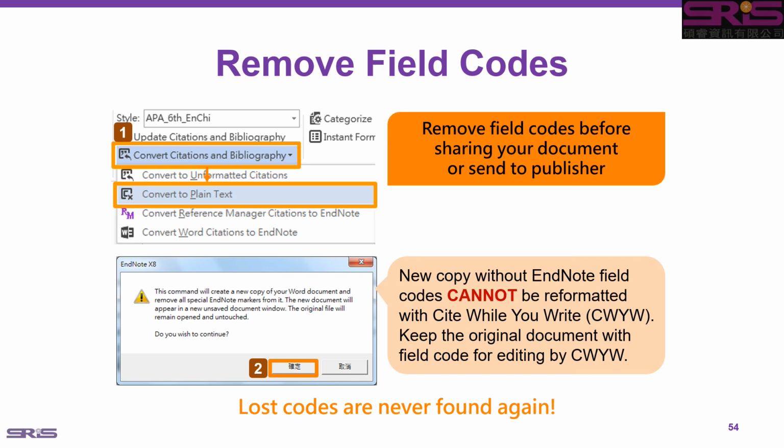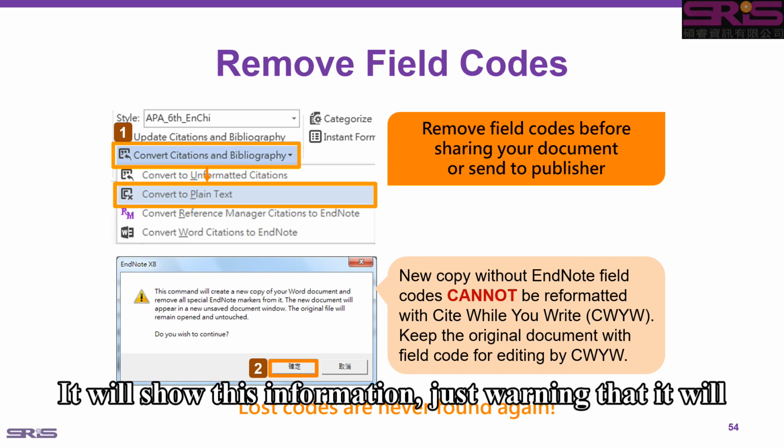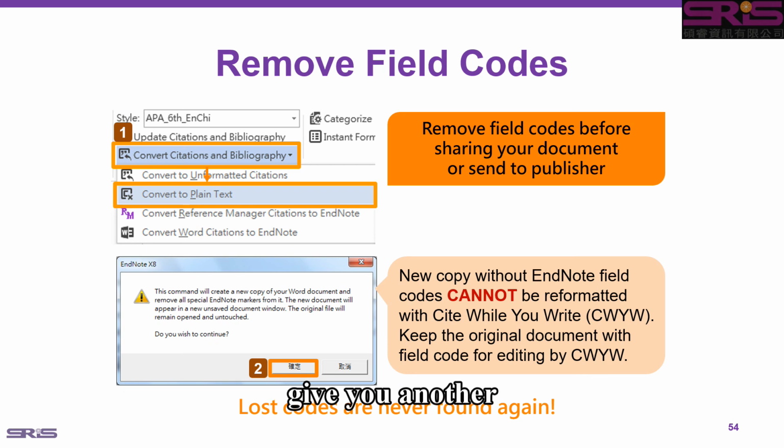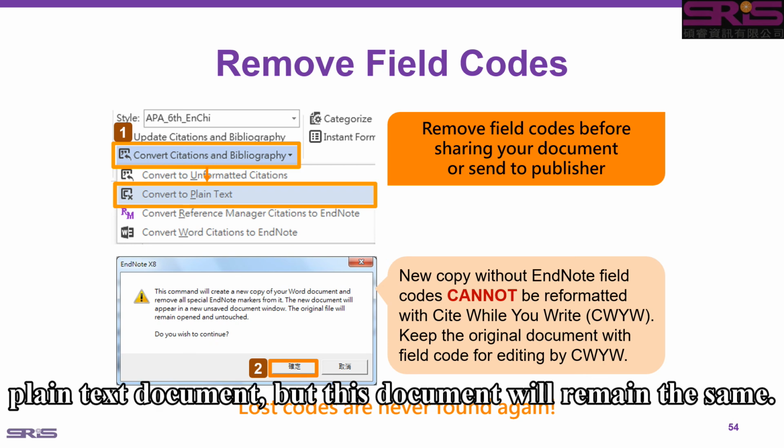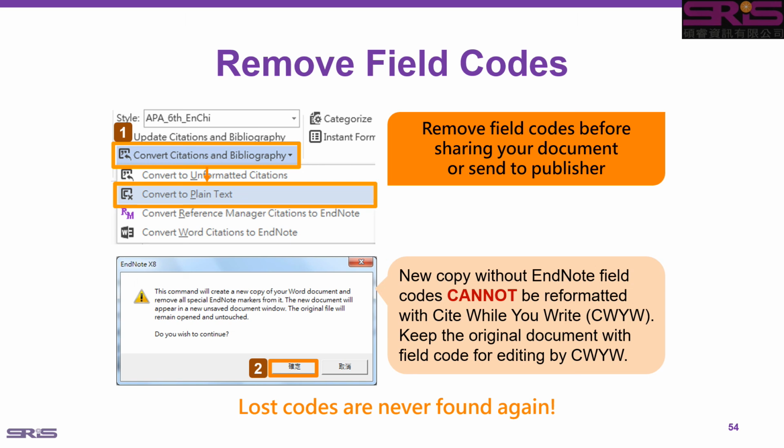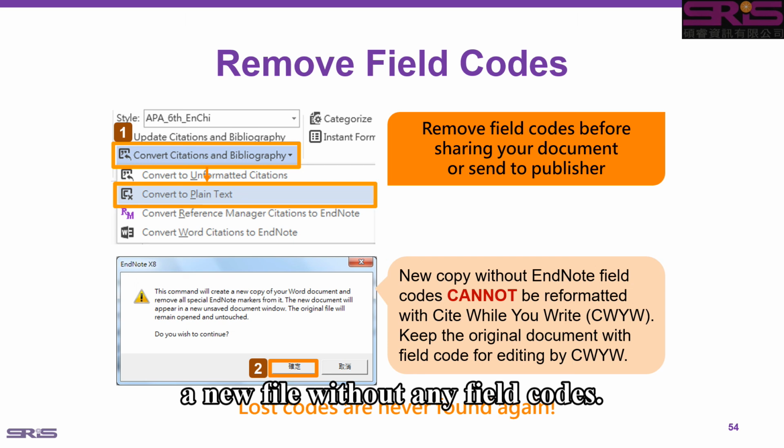Then it will show this information, just warning that it will give you another plain text document, but this document will remain the same. Okay, just OK. Then it will create a new file without any field codes.